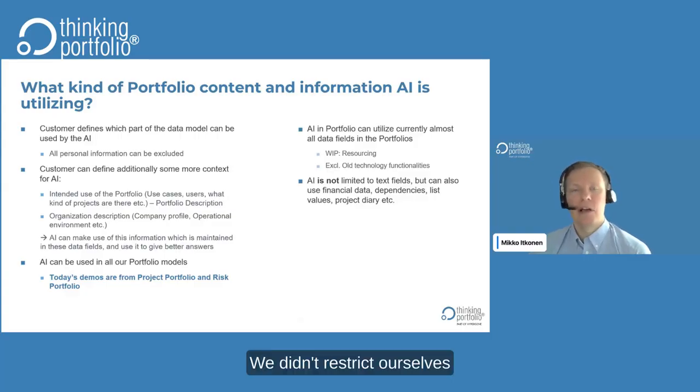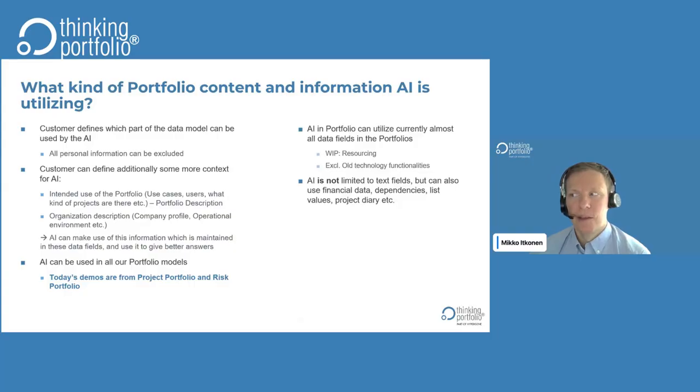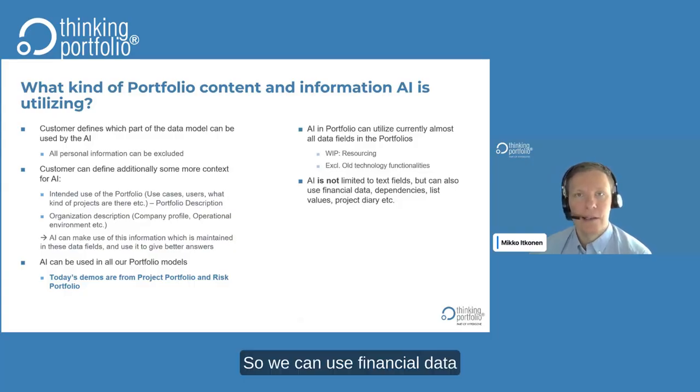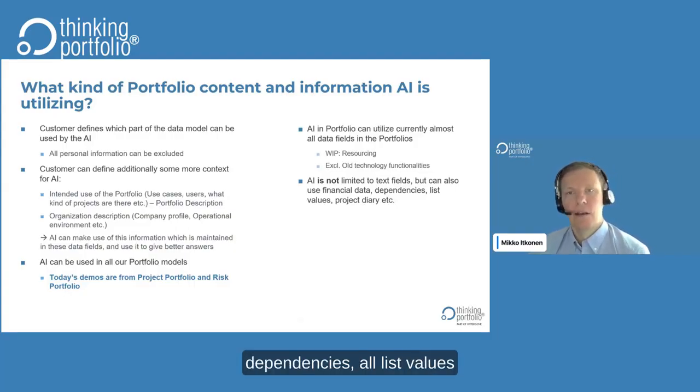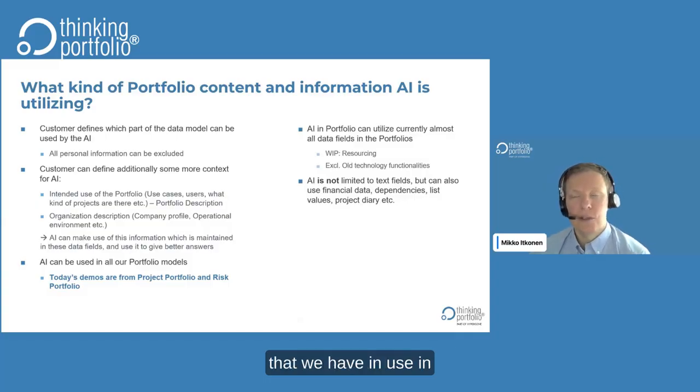We didn't restrict ourselves just to the text fields, like you would be using some ChatGPT. We can use almost all the data fields in the portfolios when you are interacting with AI. So we can use financial data, dependencies, all list values that we have in use in the portfolio, project diary, etc.